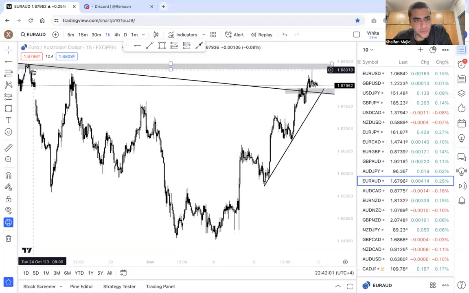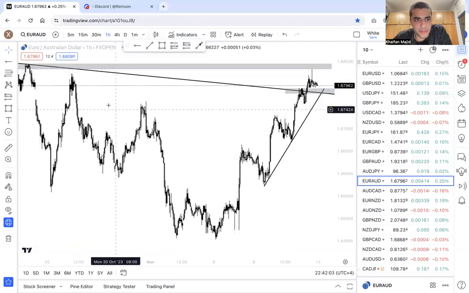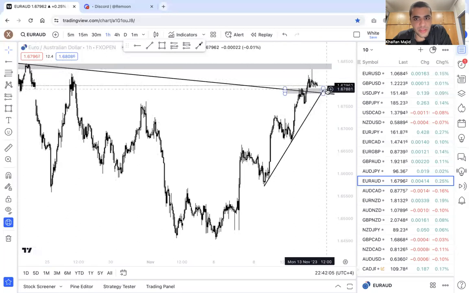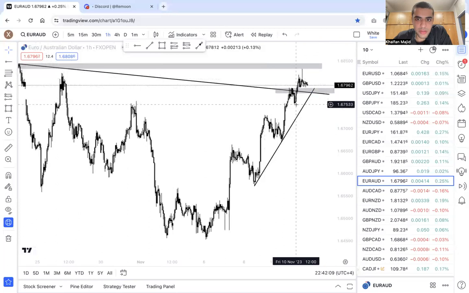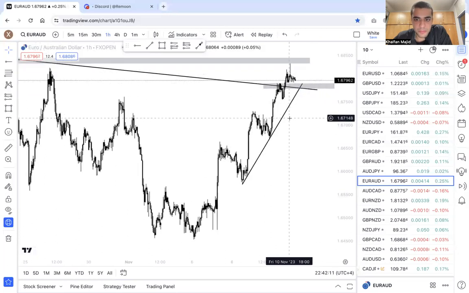But this zone could also be more respected because it already did its thing. Now it could break, it could come back all the way down. Nobody knows what happens.